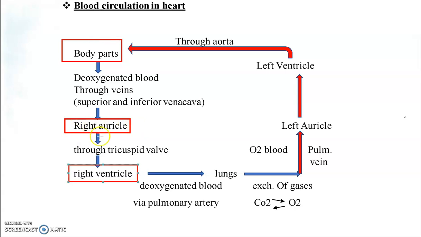So the right auricle relaxes to take the deoxygenated blood, then contracts to push it towards the right ventricle. And this goes through the tricuspid valve, which is present in the heart.